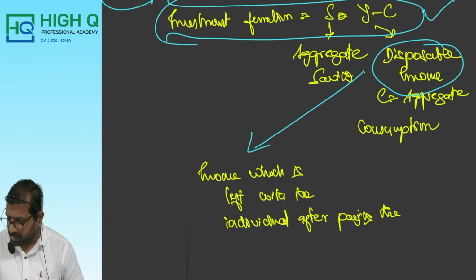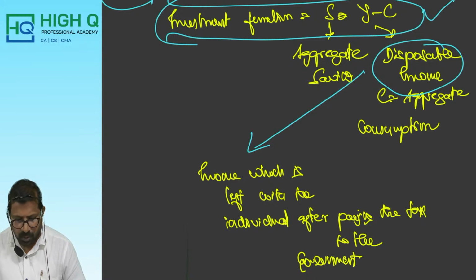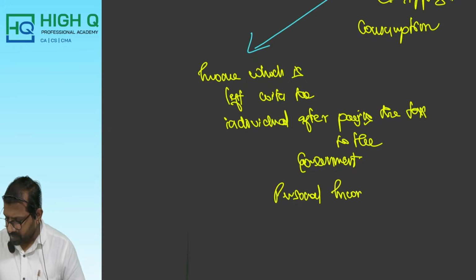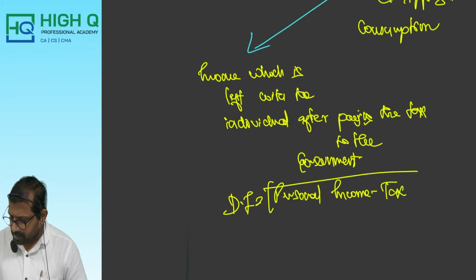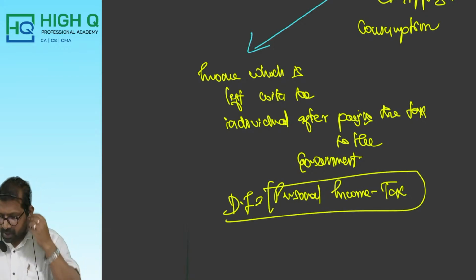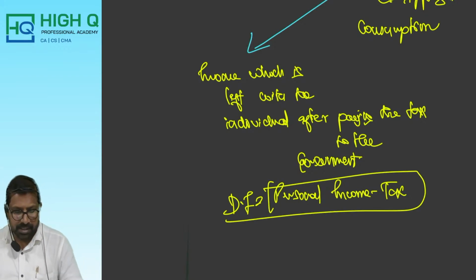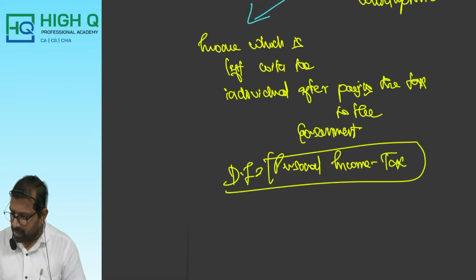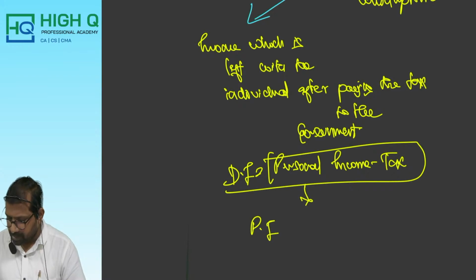after paying the tax to the government. The formula: personal income minus tax. Now what is the formula for disposable income? Personal income minus tax. Same way, you may have a doubt, sir, what is the formula for personal income?